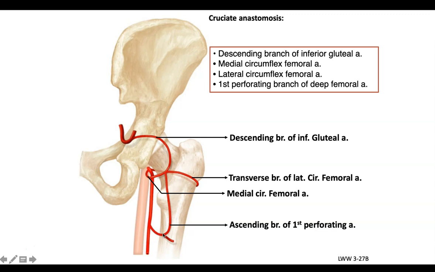The first perforating artery is a branch of the deep femoral artery. This anastomosis is cross-shaped, criss-cross-shaped, that's why we call it the cruciate anastomosis. It lies in the junction of the gluteal region and the posterior thigh, and it supplies the gluteal region and also the upper part of the posterior thigh.